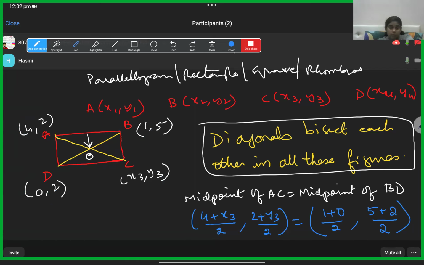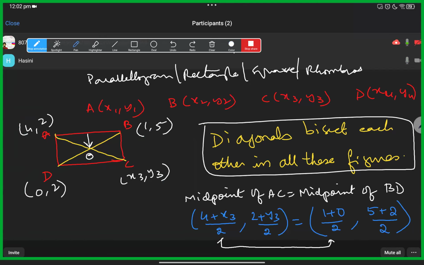Now we'll equate parallelly: the x coordinate of this to the x coordinate of that, and the y coordinate to the y coordinate. So (4 plus x3) by 2 is equal to (1 plus 0) by 2, which is 1 by 2.